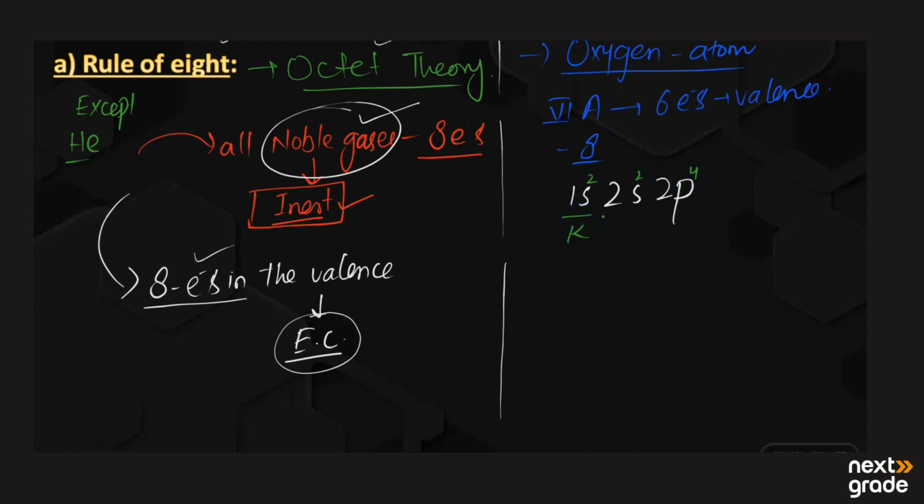We have the first shell K, and 2s and 2p are the orbitals from the L shell. The L shell has a total of 6 electrons in the valence shell. So oxygen needs 2 more electrons to complete its octet. By gaining these 2 electrons, oxygen completes the octet of its outermost shell and gains stability near to the noble gas.